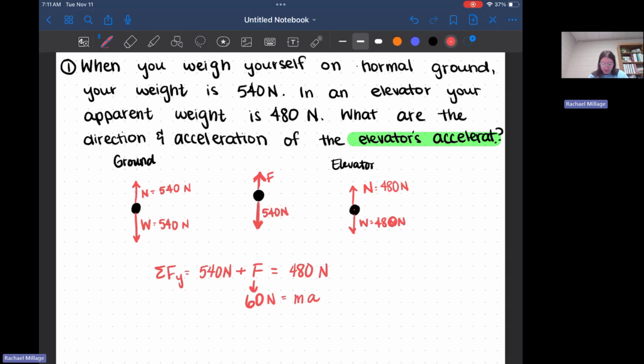Yeah, we can find our mass making assumptions because we know that weight is equal to mass times gravity. We're going to assume that gravity is 9.81. So I know that my weight equals my mass times 9.81. And I know that my weight on the ground is 540 newtons. So now I can take 540 divided by 9.81.